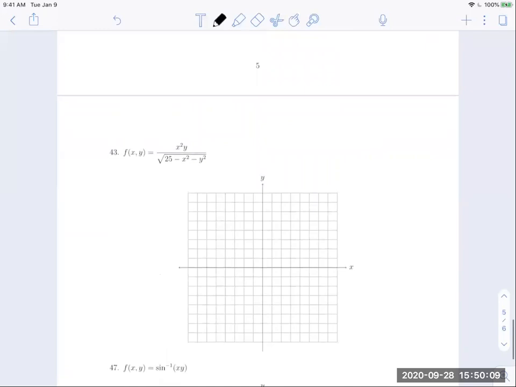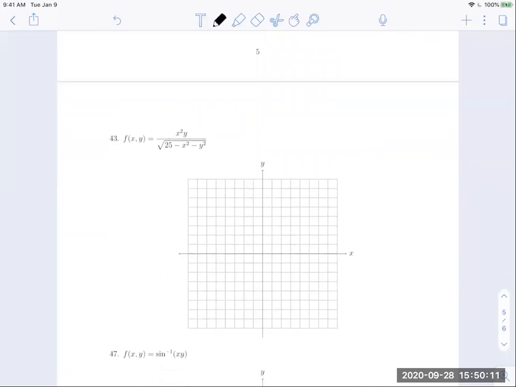All right, 43, we have this rather ugly looking function. On top, I'm just going to write a check mark. The top is a polynomial, so it's defined everywhere for all x and y values. On bottom, we have a square root. Now, normally, I just want everything underneath the square root to be non-negative, but I actually want to exclude 0 here because I don't want to divide by 0.